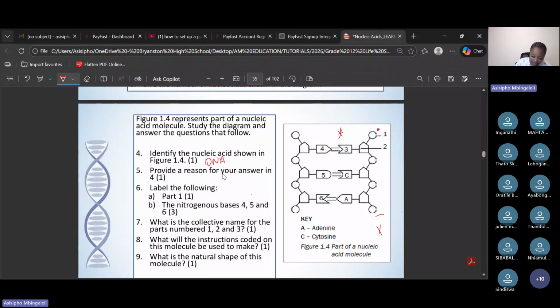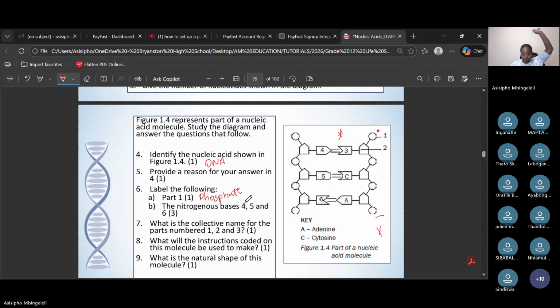It's a phosphate. That is correct. Ma'am, can I ask, am I wrong if I said it is a phosphate group? Phosphate group is fine. So whichever word you added that is technically accepted in science after phosphate, that is fine because the tick will be at phosphate. That's what we are looking at.